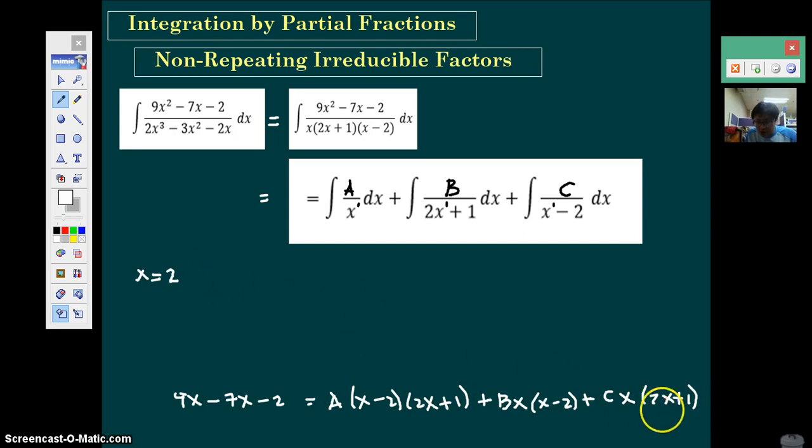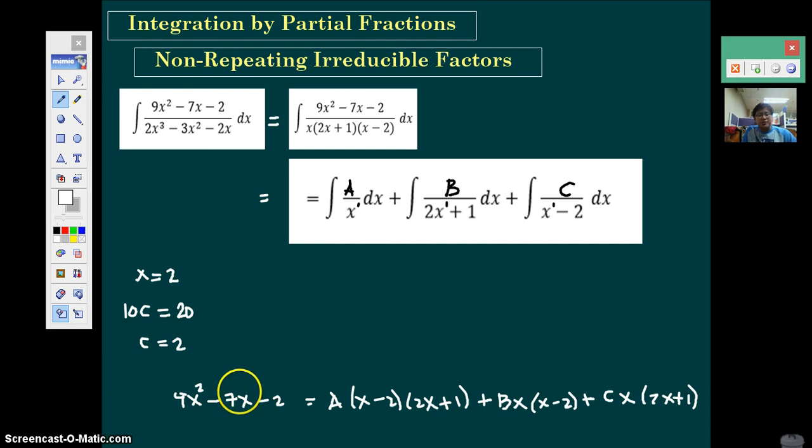Substitute your x. This will become 2 times 2, 4 plus 1, 5 times 2, that's 10C. Equal to, substituting 2 here, 9x squared, 2 squared is 4 times 9, 36, minus 14 minus 2, that's 36 minus 16, or 20. Therefore you get C equals 2.